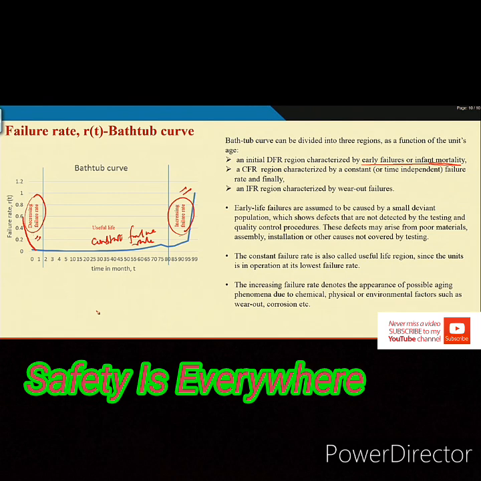This increasing failure rate is basically wear out failures, because that is the end of the life of the unit under consideration. So, that is the beauty of the hazard rate, because it gives you the bathtub curve.